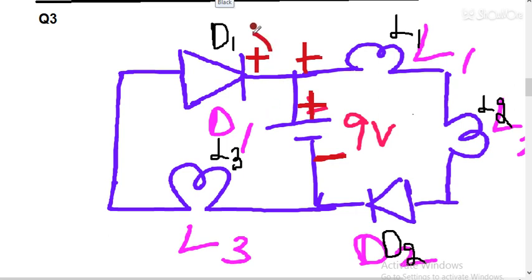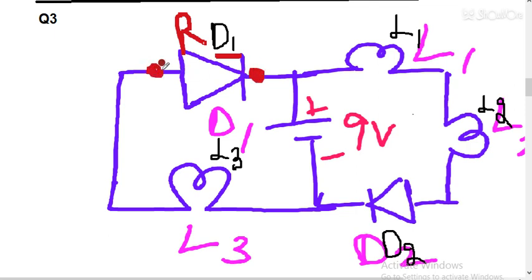So this terminal of a diode, that is the N terminal, has got connected to the positive voltage. Whenever we connect a positive voltage to the N side, the diode is reverse biased. So diode D1 will be reverse biased and it will act as an open switch like this. These 2 points are open.